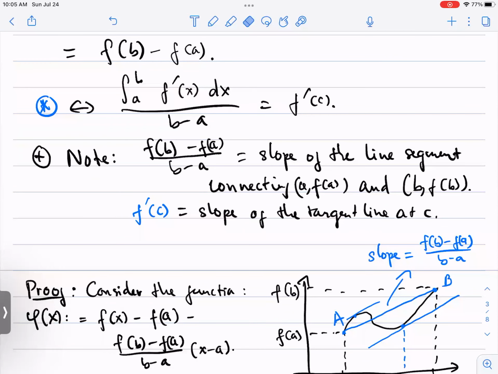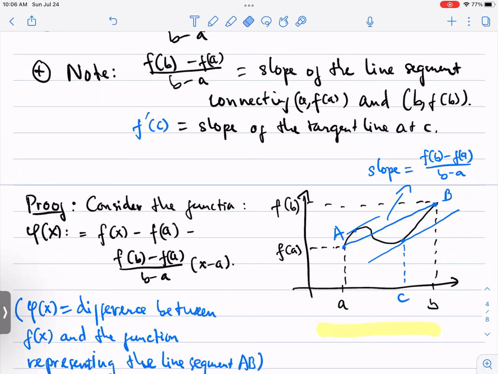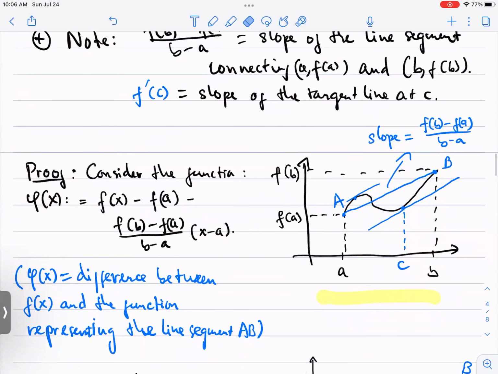On the other hand, f prime of C is the slope of the tangent line at some point C. If we look at this picture, the quotient is the slope of this line segment AB.